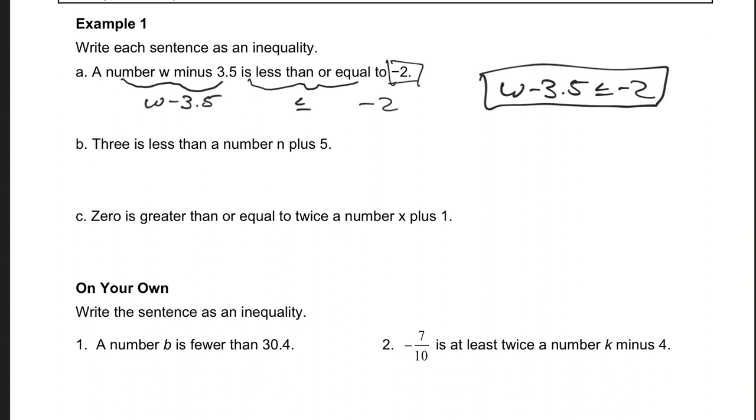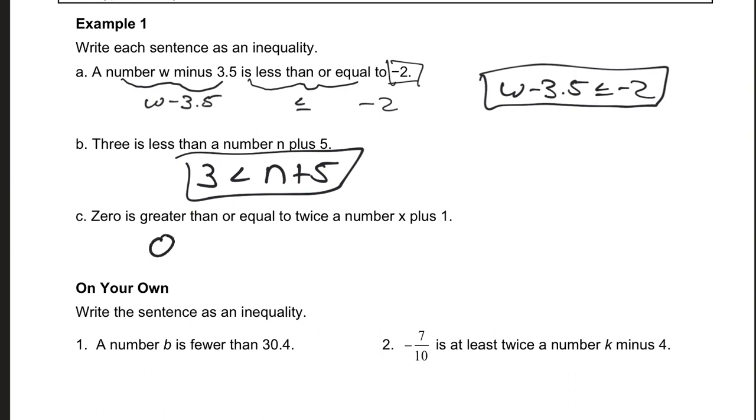All right, example 1b: 3 is less than, so 3, less than symbol, a number n, which is n, then put the plus 5. Pretty easy. And then part C: 0 is greater than or equal to, so the greater than or equal to symbol, twice. Twice means 2 times something. It says twice a number x, then plus 1.